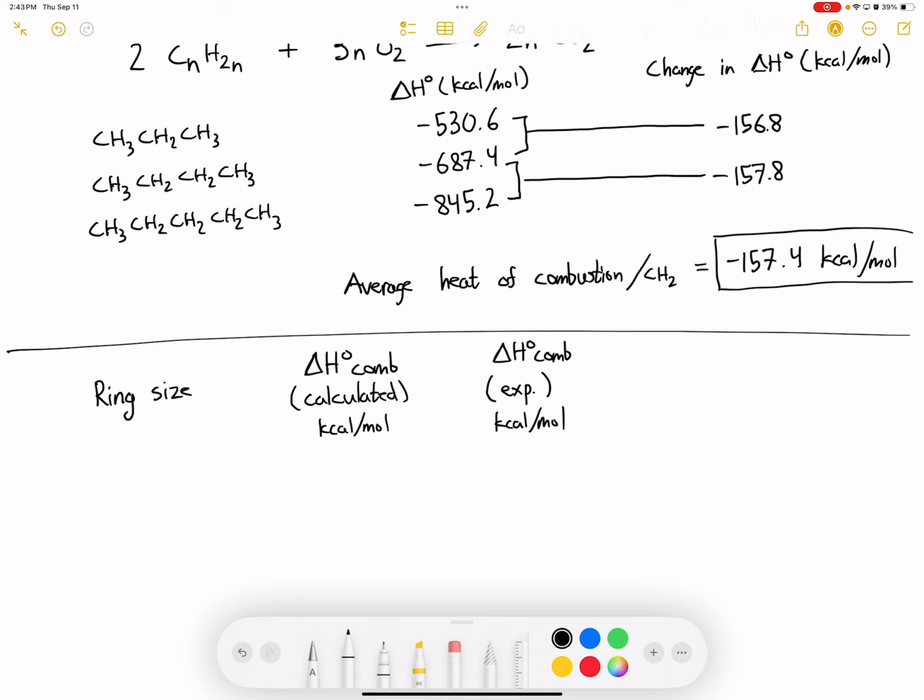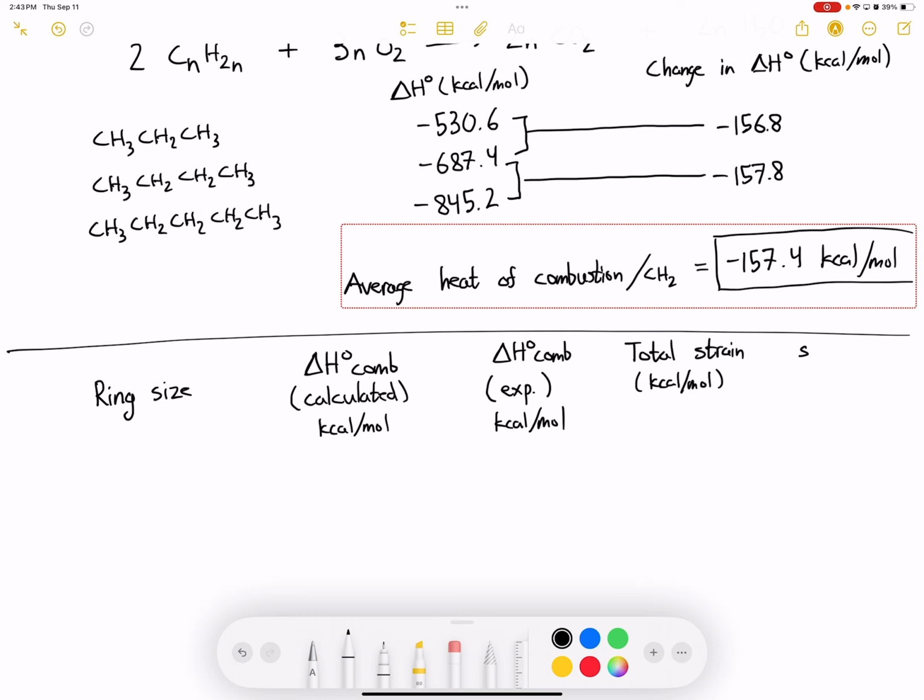But often what you see in experiment and calculation, they don't always match up, because there's something we didn't consider. So there's something called total strain. And this is also kcal per mole.